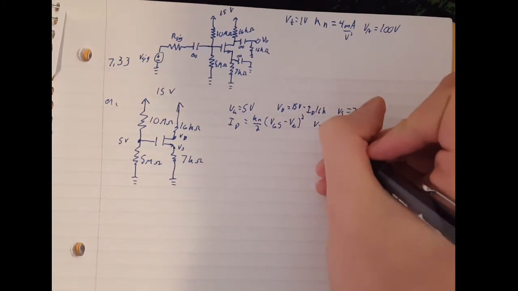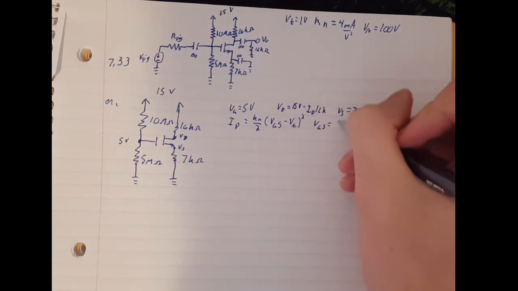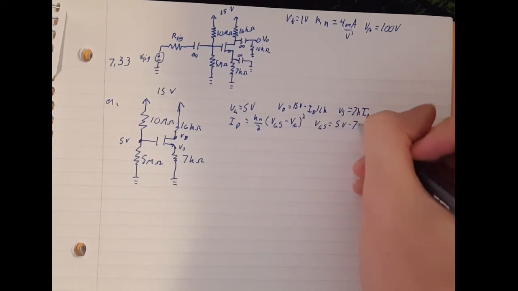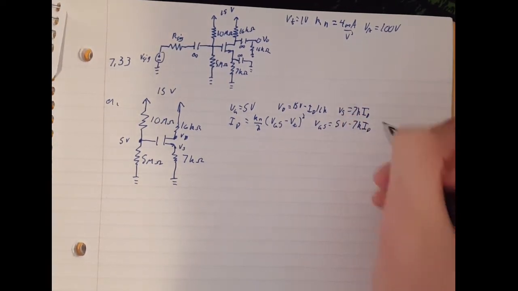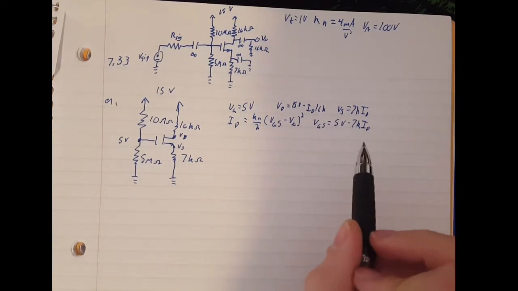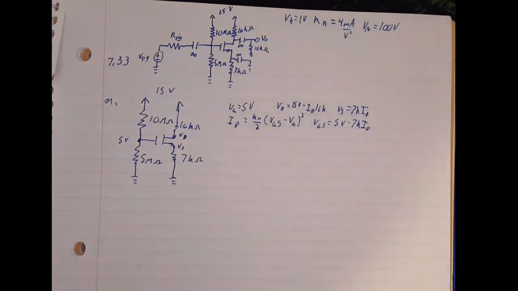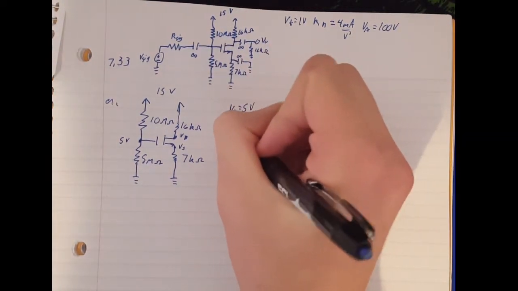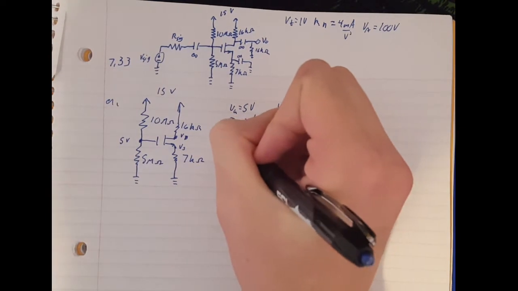VGS is just equal to VG minus VS, so 5 volts minus 7K times ID. Plug this in here, square it out, you get a quadratic equation.